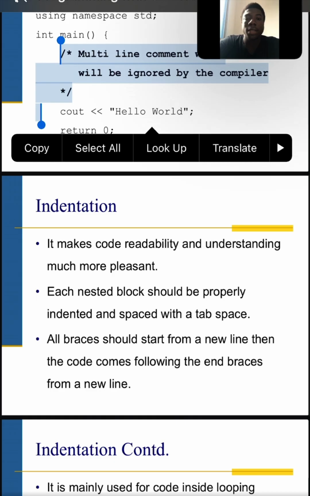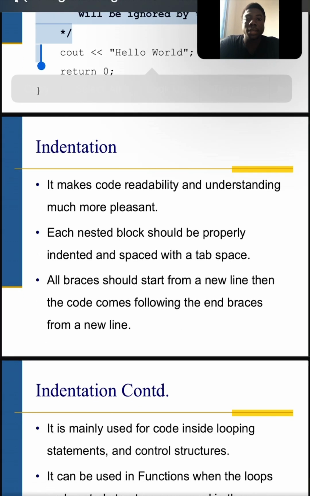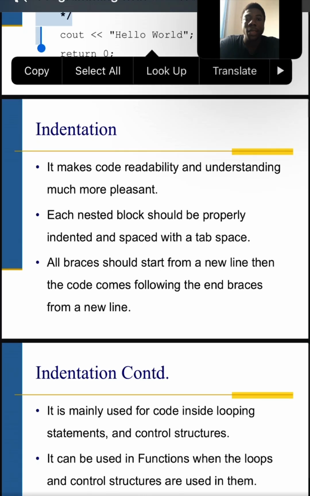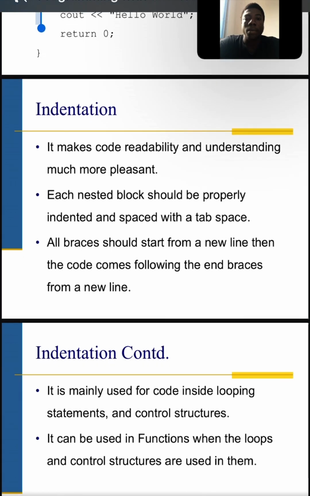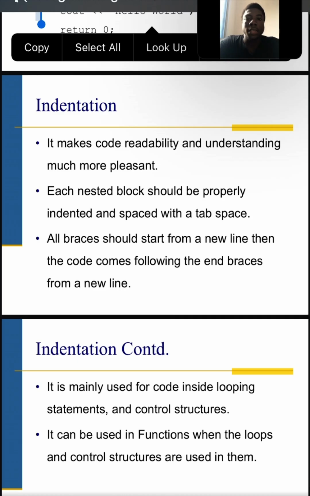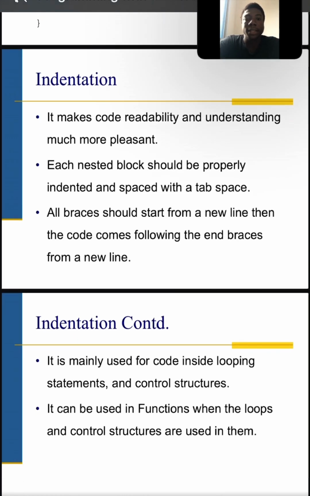Continuing with the types of statements, we have compound statements. These are statements that group multiple statements together. They are blocks of code enclosed in curly braces. This is an example: there is int main, then the parentheses, then the curly brace, and they are all inside int main.